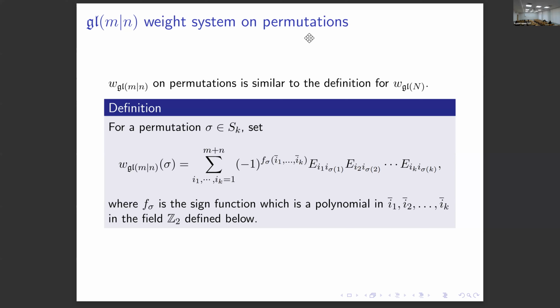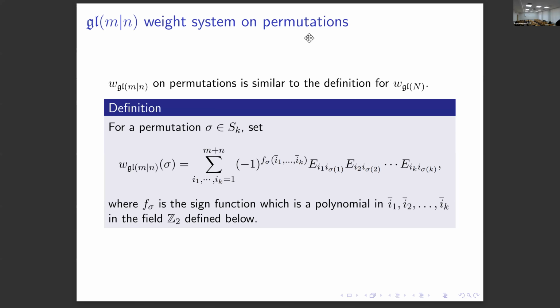Here we need to figure out the right sign function for GL(m|n). By the right sign function, I mean first, I want this weight system to be in the center of the universal enveloping algebra. And next, I want this definition for permutations to agree with the weight system for chord diagrams.